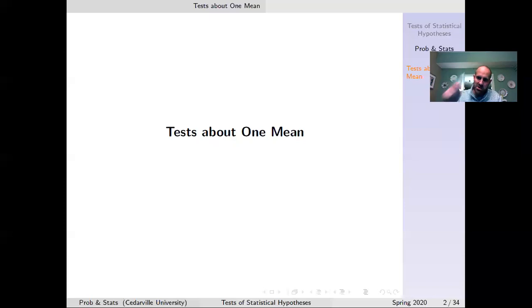We have parameters that we want to know things about in there, and the parameter might be mu or sigma or whatever it is. And then the sample that we take, we can get statistics from that, okay? Statistics that are point estimations of the parameters in question. And then we form confidence intervals from those statistics, okay?